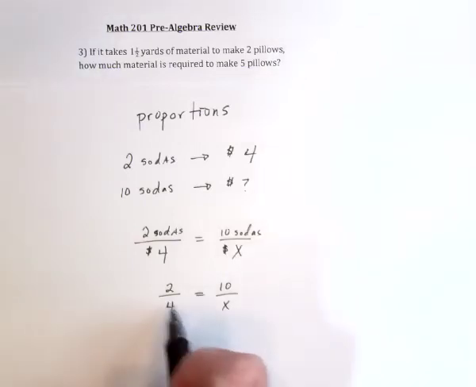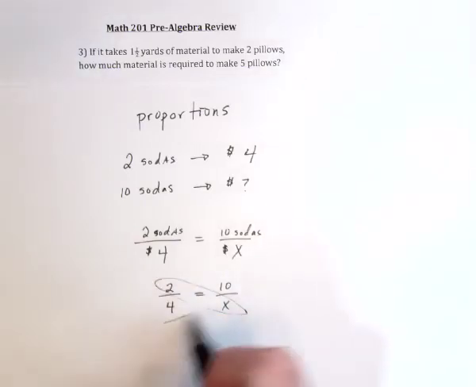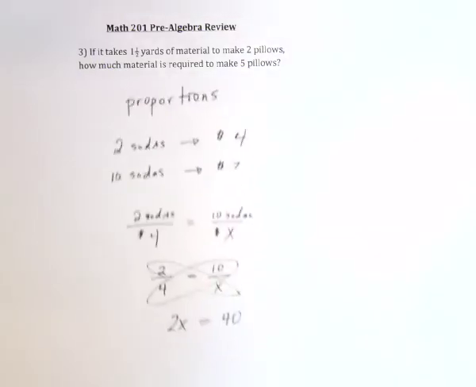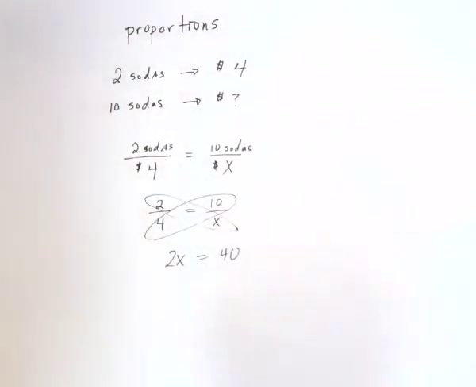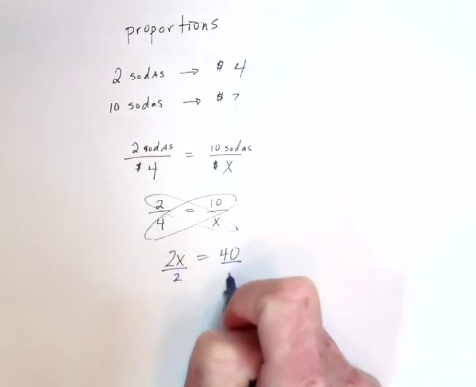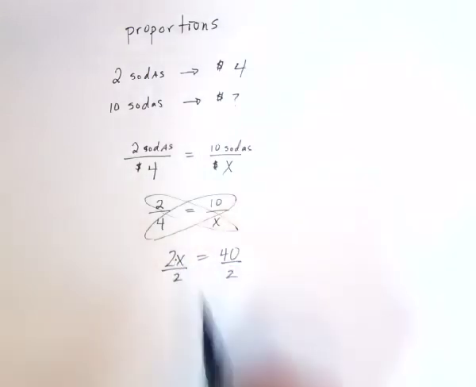And then after that, cross multiply. So this direction would give me 2x. This direction, 4 times 10 is 40. Then there's just one small step. That is, to get rid of this 2, you divide both sides by 2. Since right now it's multiplying, to get rid of it you have to do the opposite.